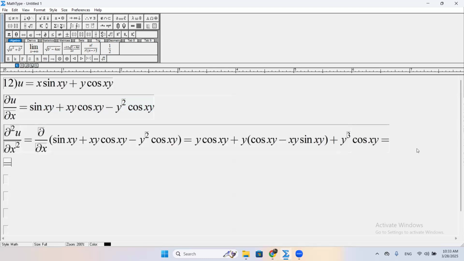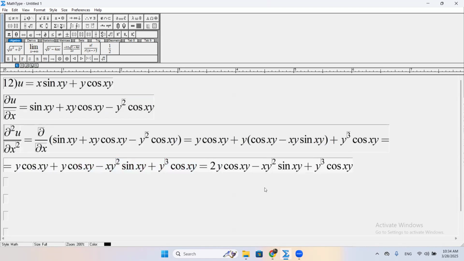So let's expand the brackets. Minus xy squared sine over xy and plus this expression. So yeah, we can write it as a sum.